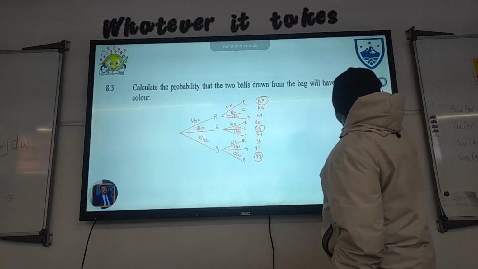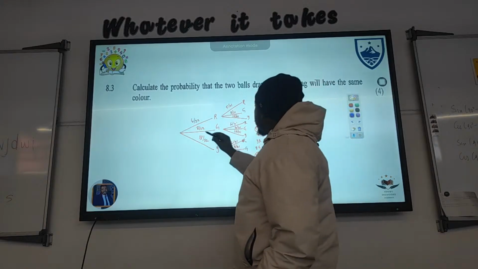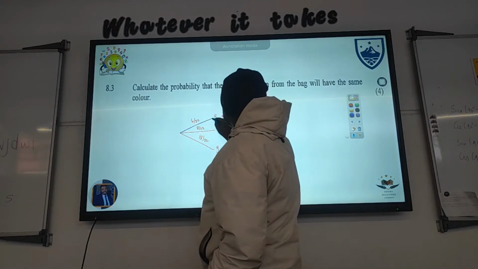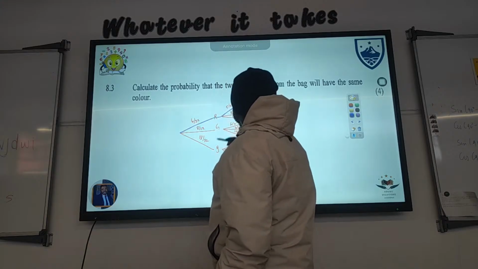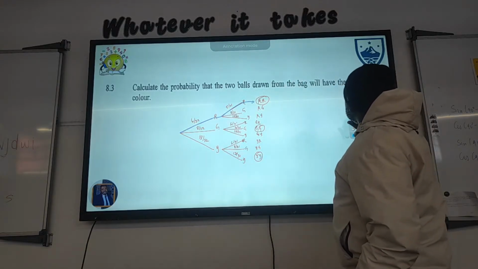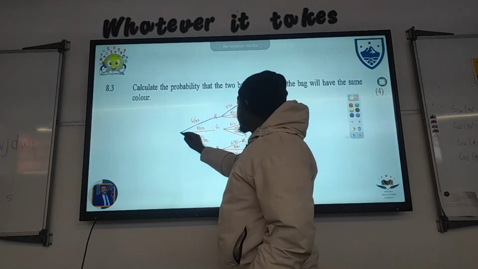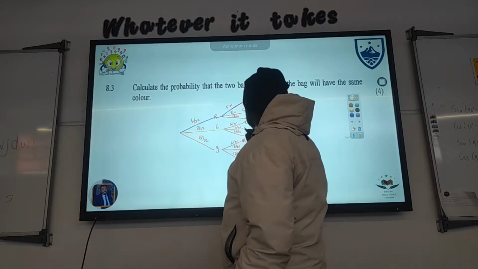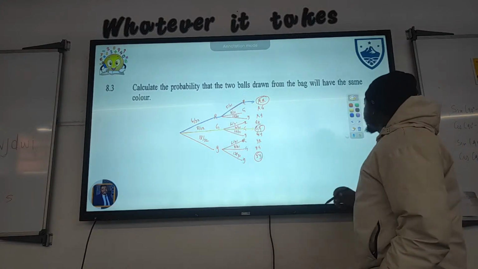So I'm going to also highlight them with blue, the ones that have the same color. Moving along the branch from red and then going to red, same color. Let me give another one so you can see: from green, moving along the branch, going to green, same color, because we're having green and green.